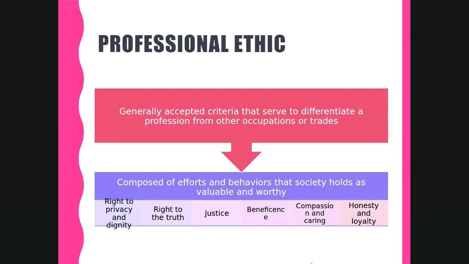So those are all values that we have, behaviors that we should abide by. We'll look a little more in depth at those: right to privacy, to truth, justice, beneficence, compassion and caring, and honesty and loyalty. Those are some selected ethical principles that they reference in this chapter.